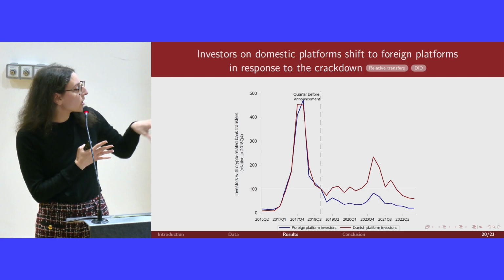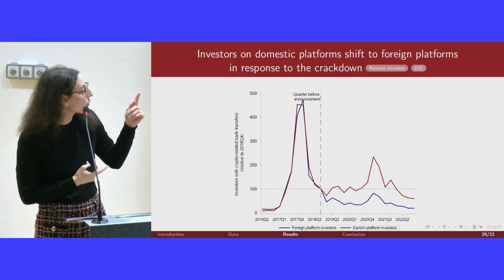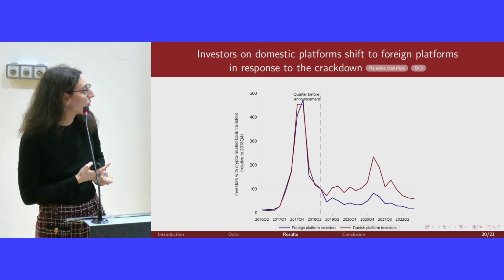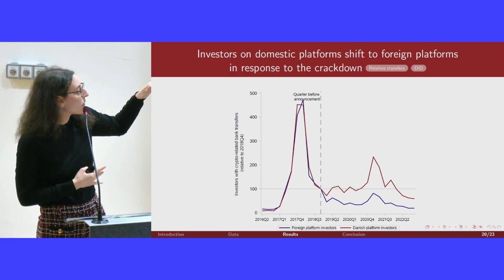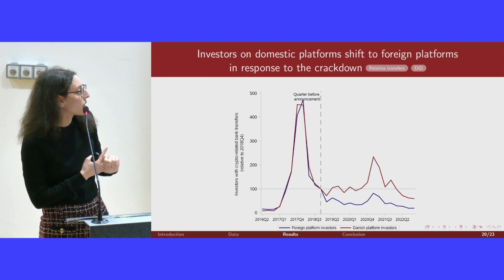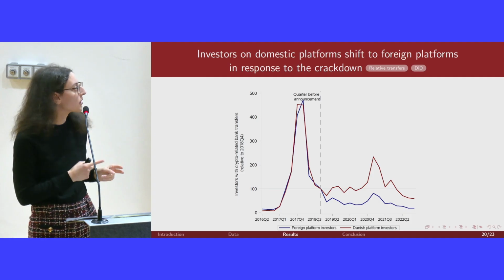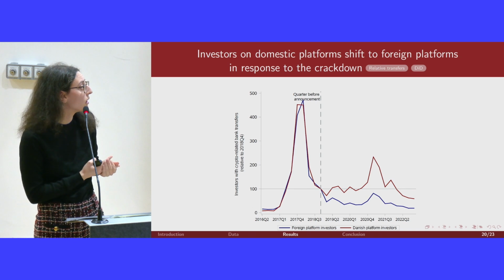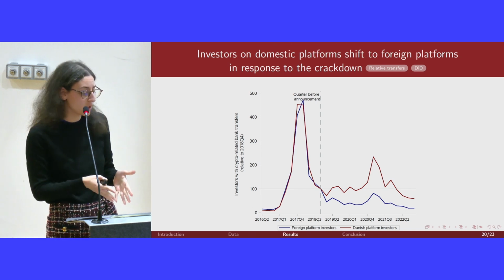And then after the crackdown, you can see that our control group, which is the blue line, the foreign platform investors, is relatively stable, let's say. And then you have the red line, which is those that are on Danish platforms.